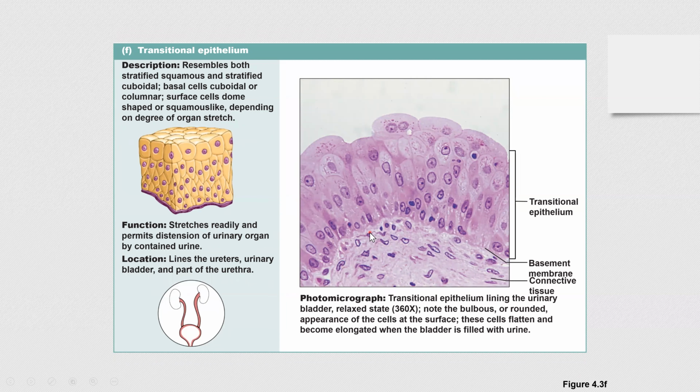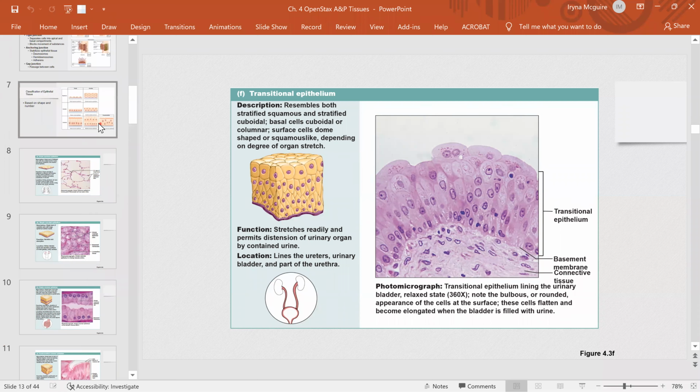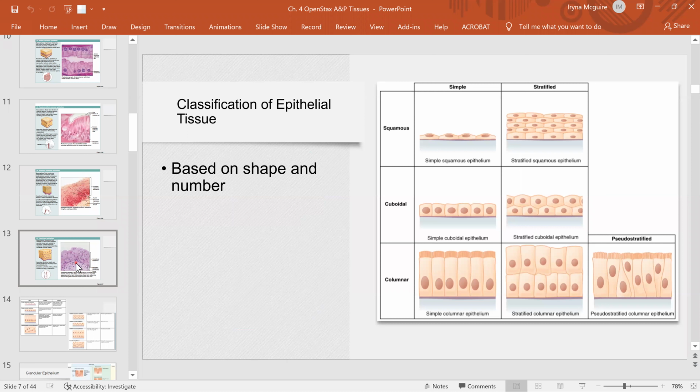This epithelium is called transitional epithelium. Now, this transitional epithelium was not a part of the diagram that we covered, but it's stratified, right? So we would put it in the division of stratified epithelium.